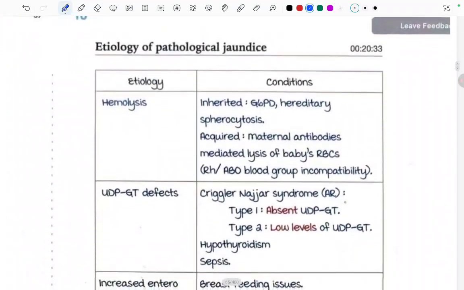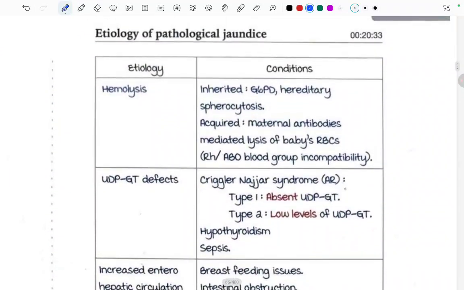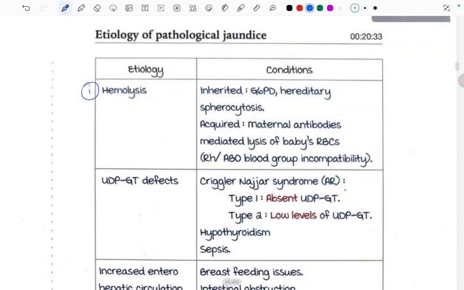Now, the etiology of the pathological jaundice. First one is hemolysis. Hemolysis can be seen in either inherited or acquired causes, because not all kinds of hemolytic disorders are present in a newborn, right? There are certain conditions which can cause hemolysis in a neonate, that is G6PD and hereditary spherocytosis.